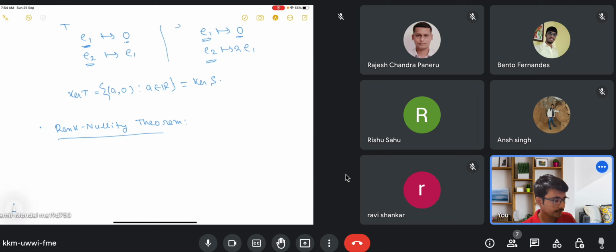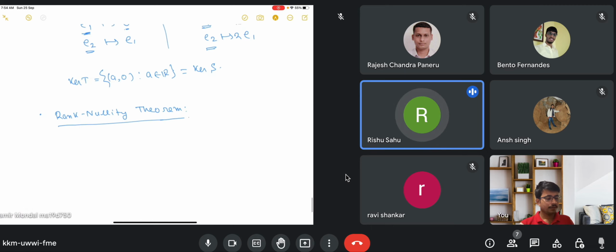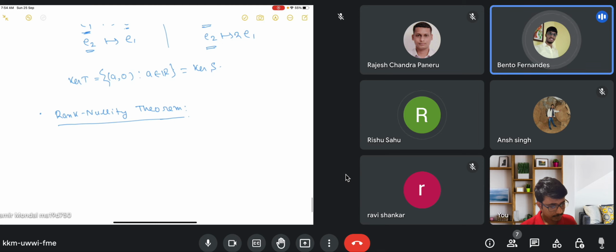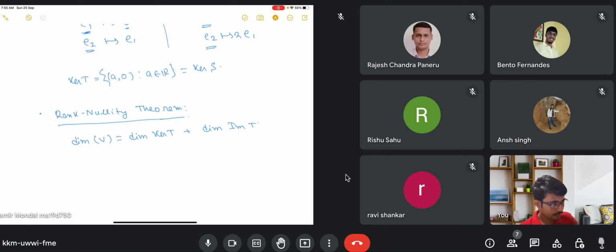Dimension of the domain is the addition of rank and nullity. So the dimension of the domain is equal to the nullity of that linear transform plus the dimension of the image of the transform. So this is called the nullity, and this is called your rank.